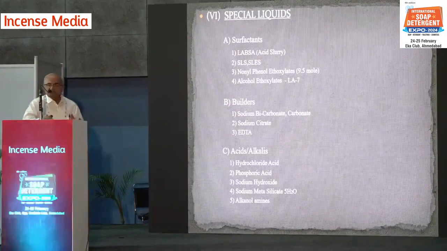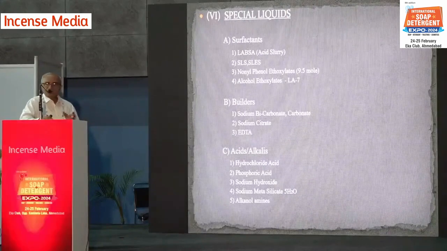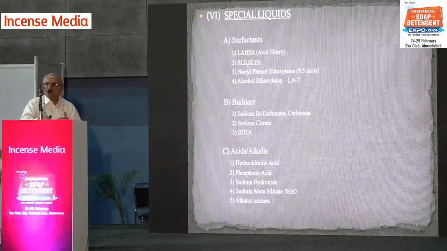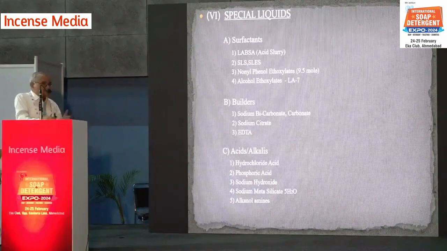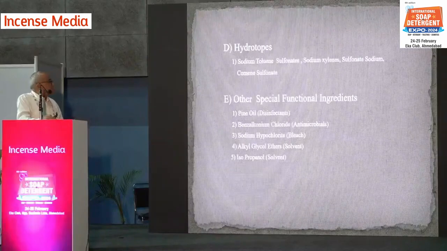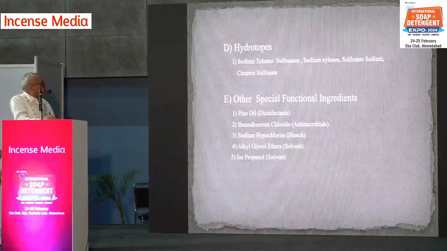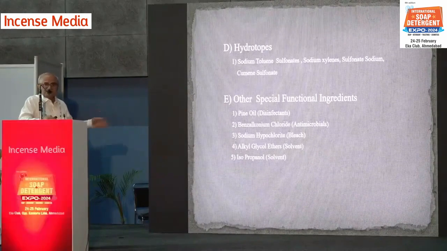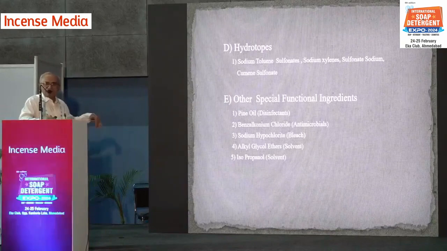Then there is a dishwash liquid. There is a multi-purpose liquid, floor wash, toilet cleaner, glass cleaner, bathroom cleaner, etc. And these are the chemicals which are used in the product. These things are added in a special category of products, and we will see later.